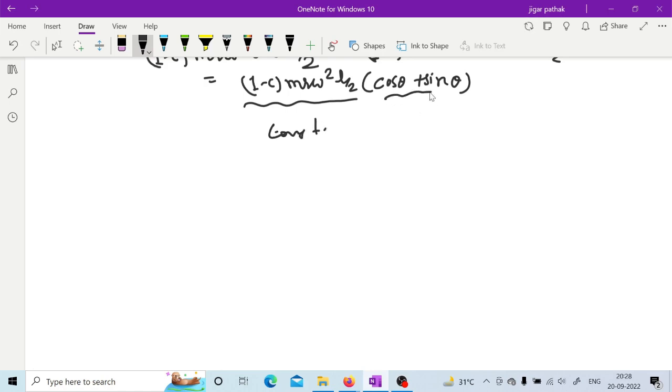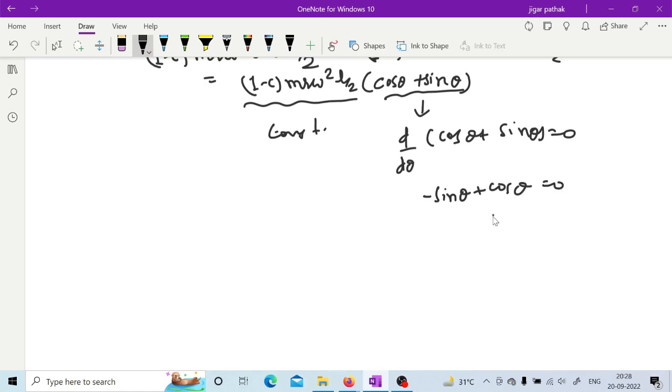So when this cos theta plus sin theta becomes maximum, at that point this swaying couple is going to be maximum. So you can find here minus sin theta plus cos theta is equal to 0, which will give you tan theta is equal to 1, which will give you theta equal to 45 or 225, right?